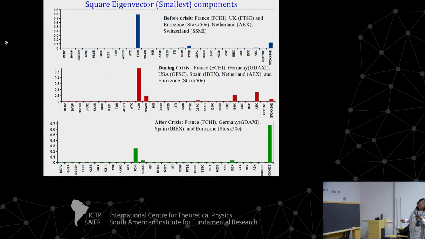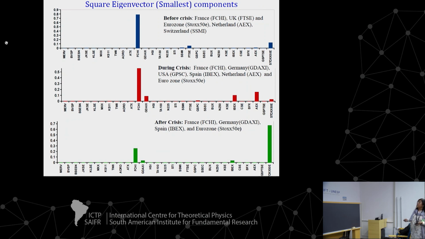But if you look at the square of the smallest eigenvalue component, you find before the crisis, France, UK, Eurozone, Netherlands, Switzerland form a sector. During the crisis, on the other hand, France, Germany, USA, Spain, Netherlands, and Eurozone form the cluster.